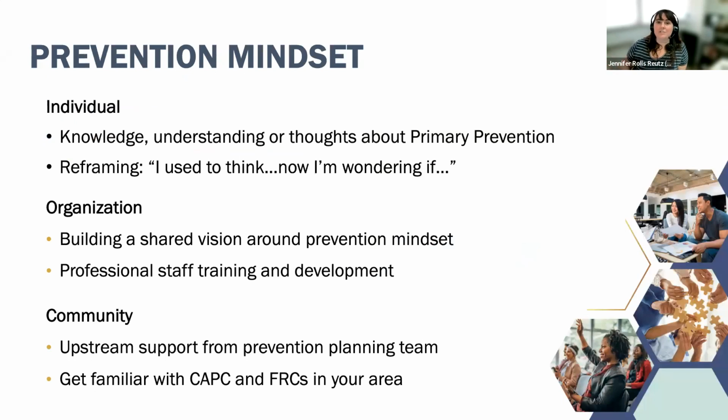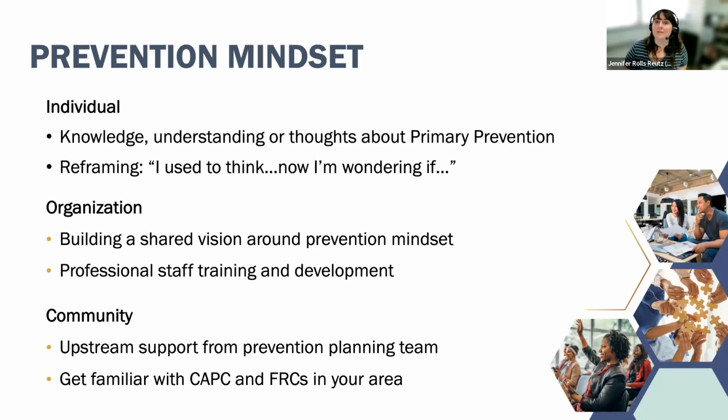So at an individual level, it's things as simple as getting educated, knowledge, understanding, thoughts about primary prevention. It's attending trainings like this one to hear about how your work can include primary and secondary prevention. And as Kelly mentioned earlier, we have many webinars that have already been done that really talk about shifting to a prevention mindset and what is primary prevention.